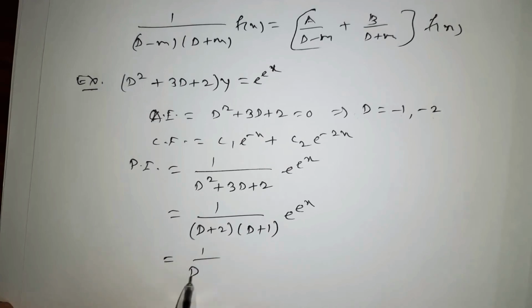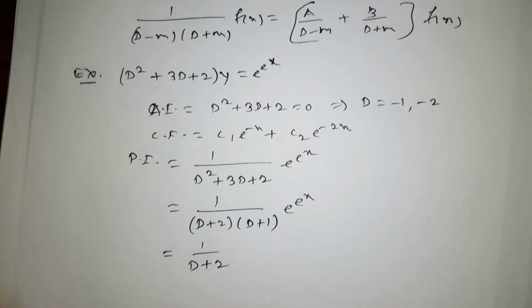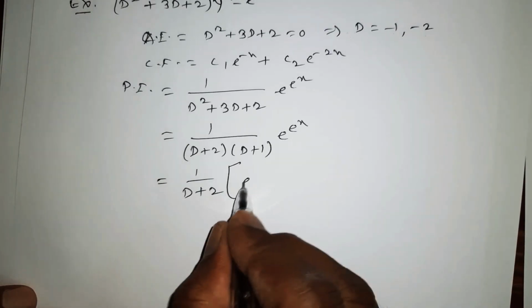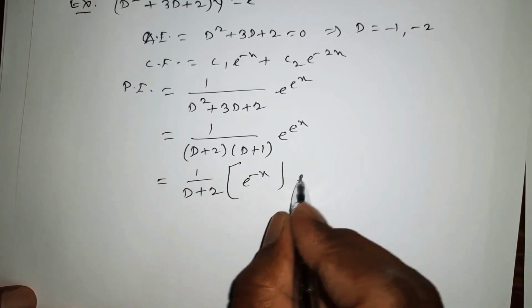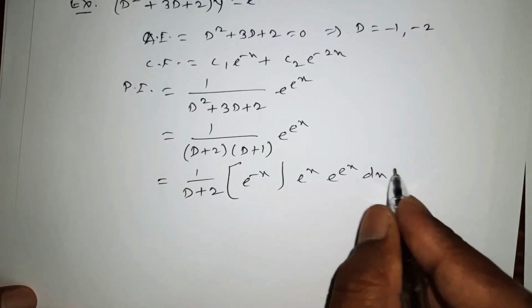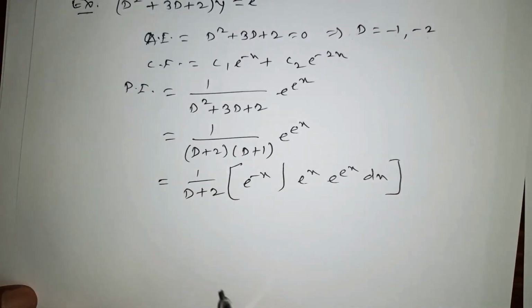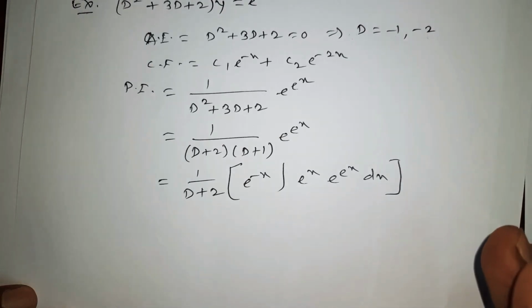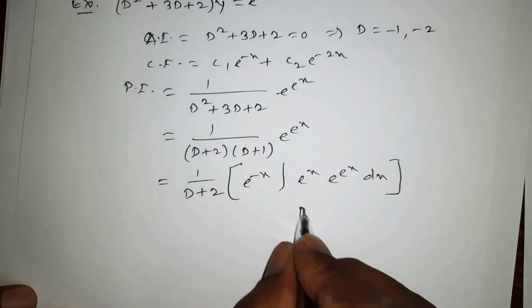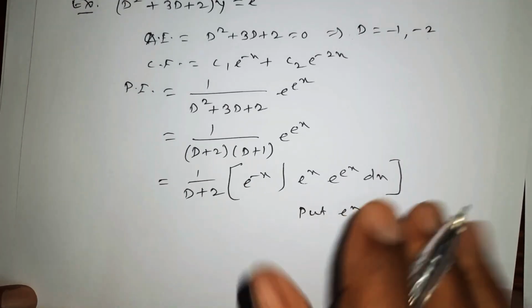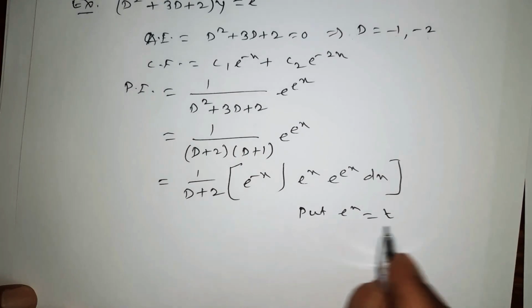So, 1 upon d plus 2, apply d plus 1: e raised to minus x, integration of e raised to x into e raised to x dx, correct, e raised to x f of x dx, right. Now, to solve this, put e raised to x equal to t inside the integral only, we have to evaluate the integral.